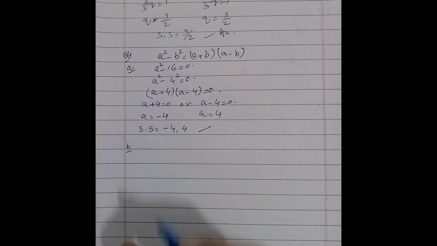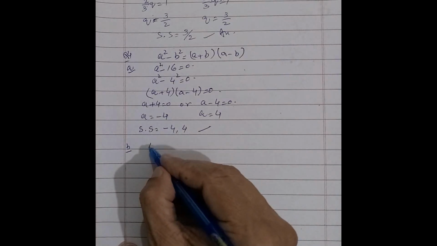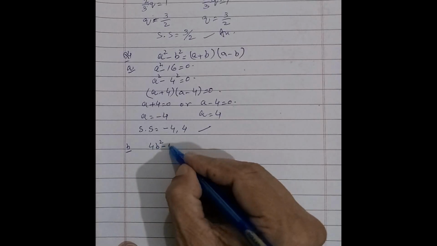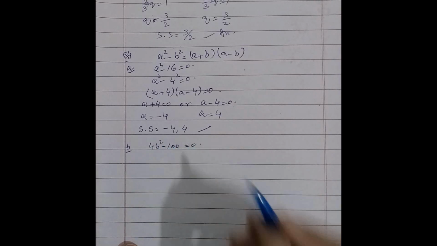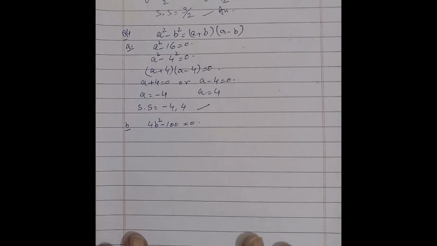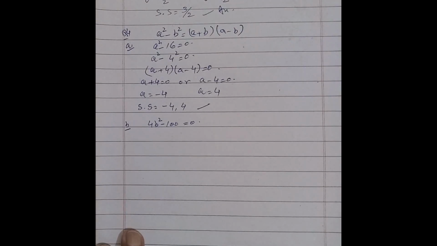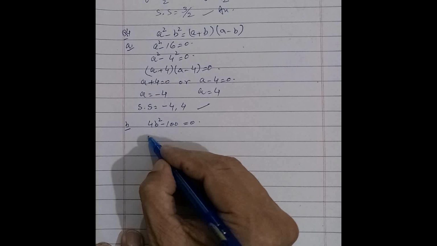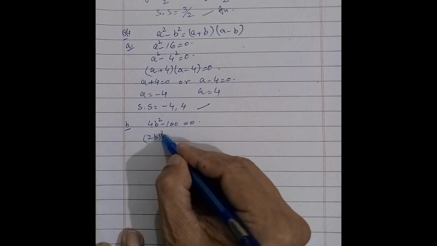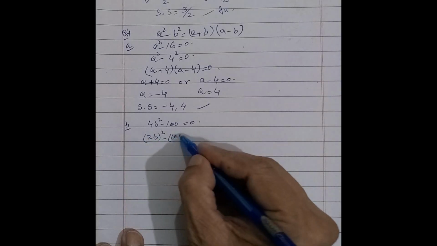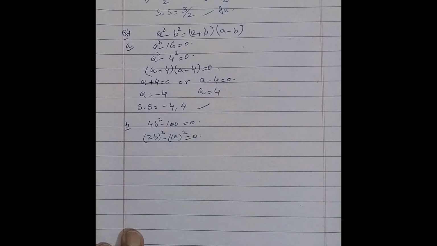And next, part B, which is 4b square minus 100 is equal to 0. We convert them into a square minus b square, which is 2b whole square minus 10 whole square is equal to 0.